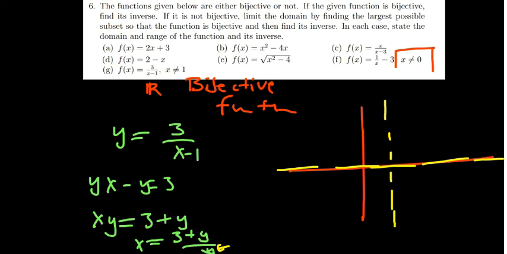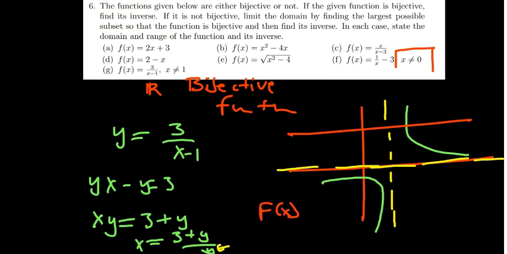So we expect the graph to come out this way. Already you're able to see that you can't actually have a point where the horizontal line is cutting the graph twice. So no need for us to restrict the domain. So our inverse function will just be 3 plus x over x. So that's it with question 6.